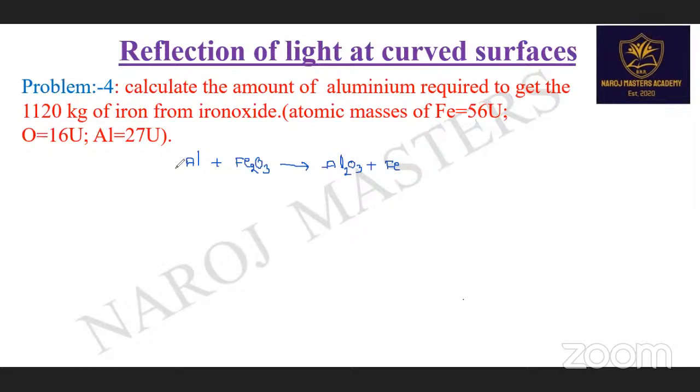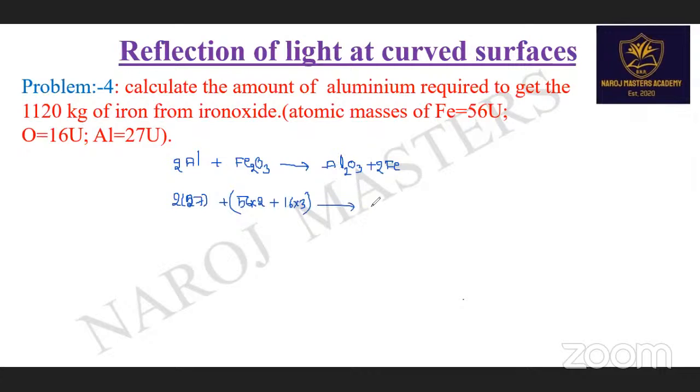Here two aluminiums are there, so place 2 here, and 2 Fe. Now it is balanced. Now write the masses. 2 into 27 for aluminium plus iron oxide, Fe2O3: iron is 56, 2 times, plus oxygen is 16, 3 times.